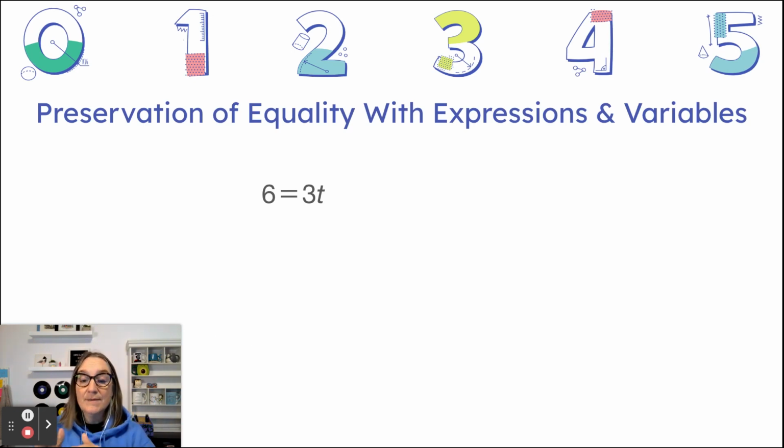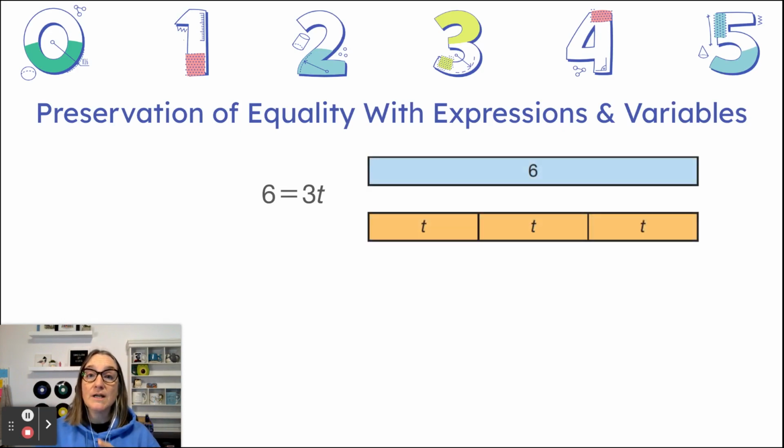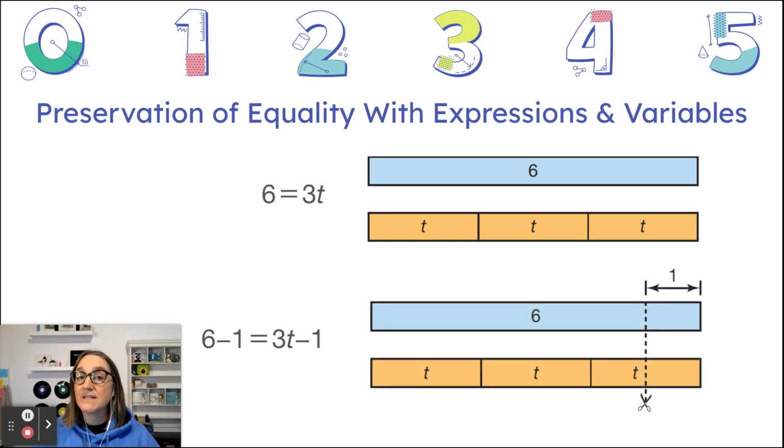All right, same equation, 6 equals 3t, but this time we're going to subtract 1 from each side. So what does that look like when we model it with the number strips? We start with 6 equals 3t, and then we subtract 1 from each side. So our equation is 6 minus 1 equals 3t minus 1. We're doing the same thing to each side.